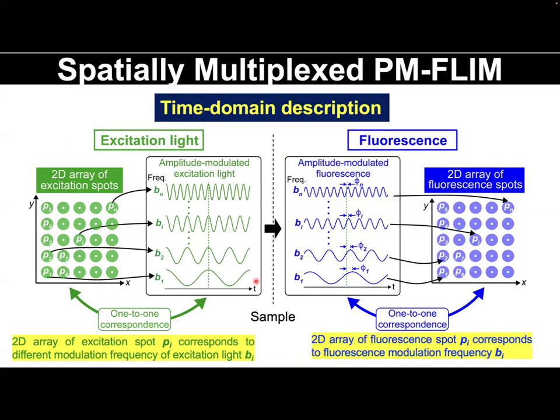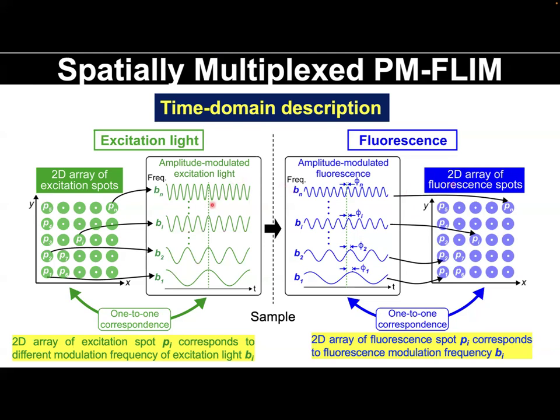If the PM FLIM can be multiplexed by a 2D array of excitation spots having different modulation frequencies, and the resulting fluorescence signal is measured collectively by a single photodetector, the image acquisition time is largely reduced without the need for a camera.